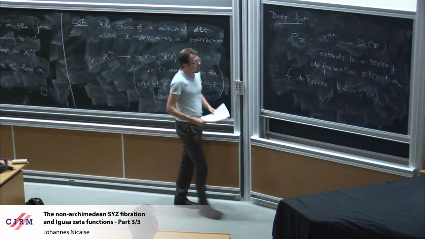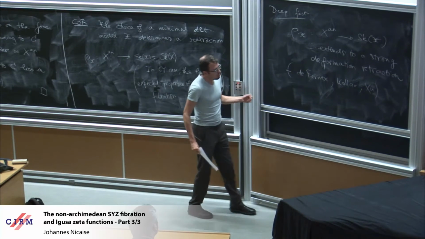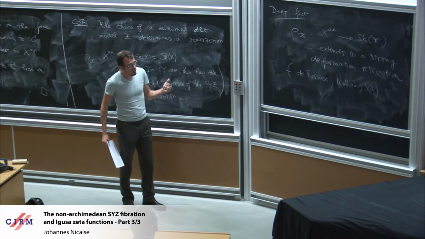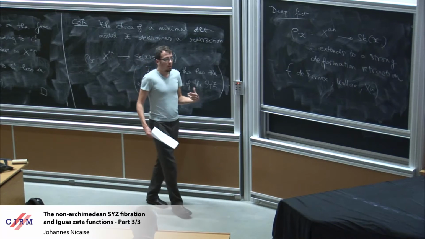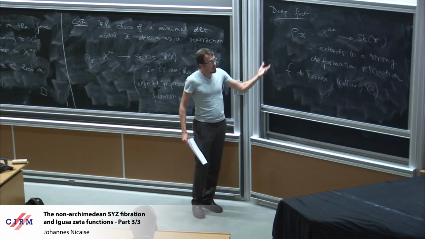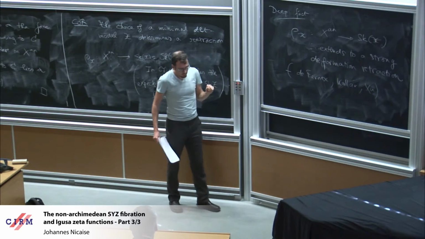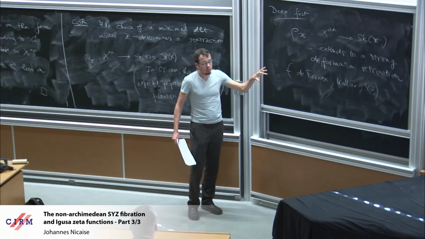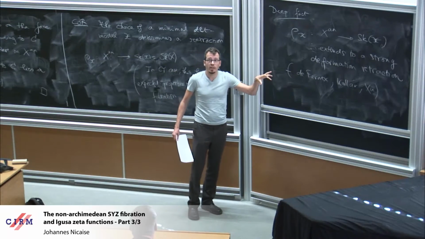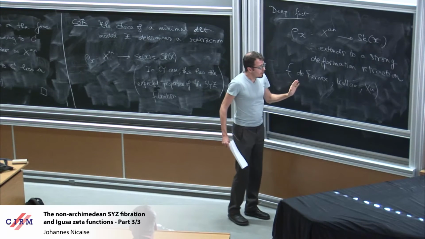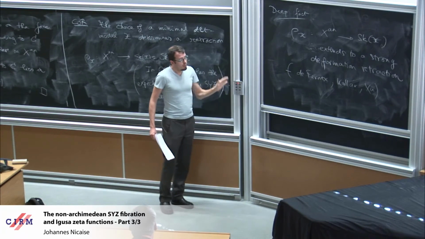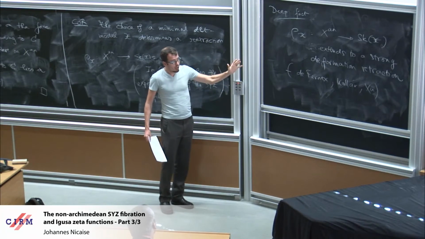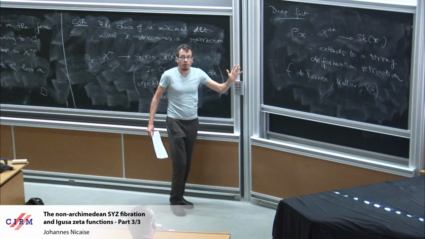So the idea of the proof is the following. We start not with a DLT model, but with an SNC model. We form its skeleton, and then, thanks to Berkovich's results, we know that the retraction map to the skeleton is going to extend to a strong deformation retraction. And then we run a minimal model program for our SNC model together with the reduced special fiber.